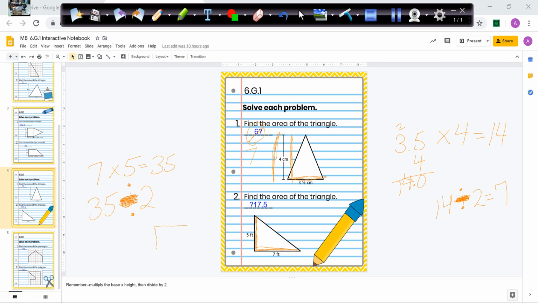Let's look and see. 35 divided by 2 is 17.5. You got it. Okay, let's check the next one.